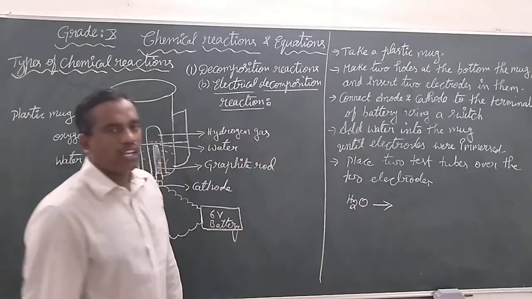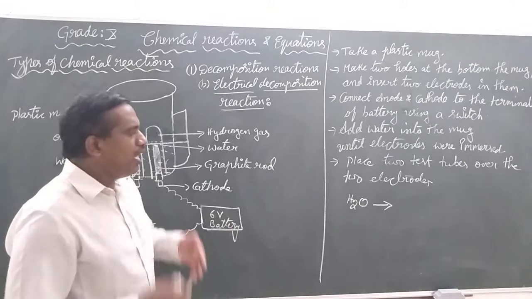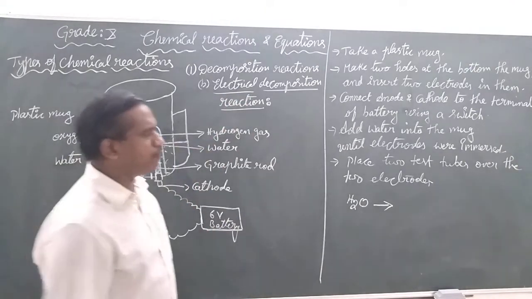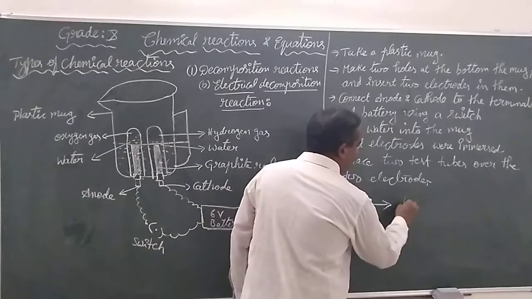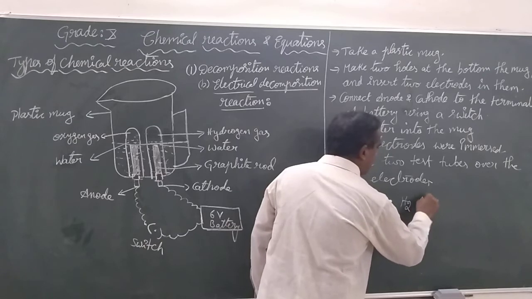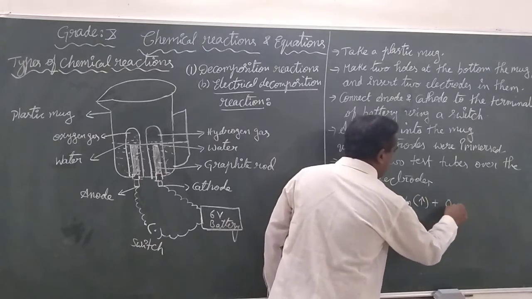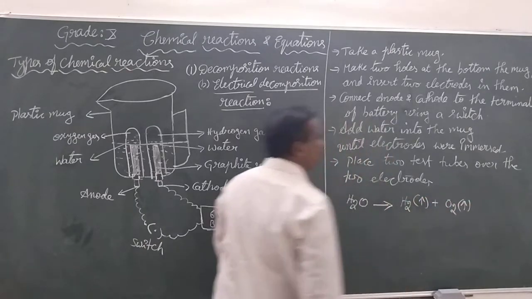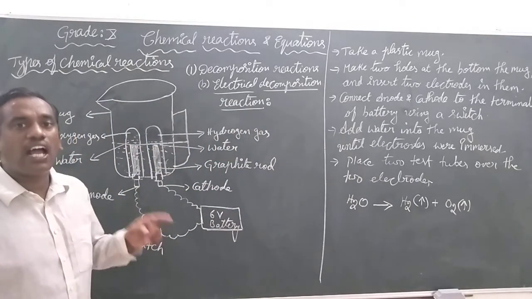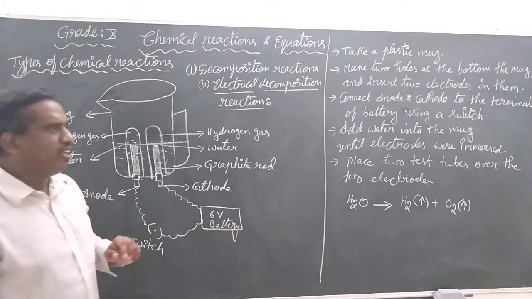The water, with formula H2O, when undergoing electrical decomposition, will give hydrogen gas and oxygen gas. What are the products here, children? Hydrogen gas and oxygen gas.